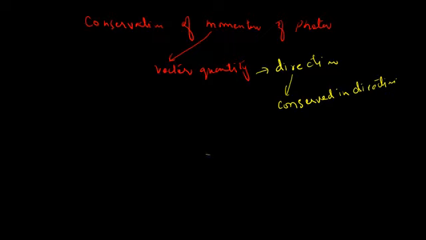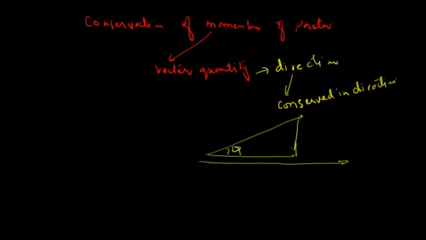In the last figure I already told you, if this is the original direction of the photon, then the scattered photon makes an angle phi, and the electron momentum makes an angle theta.